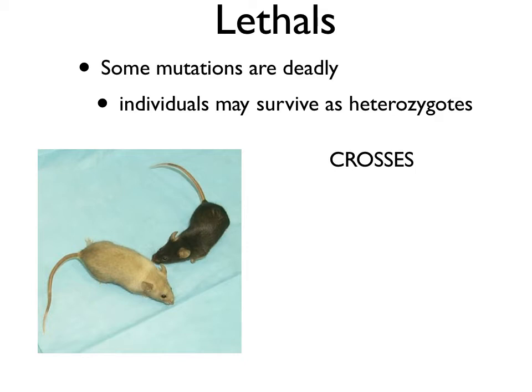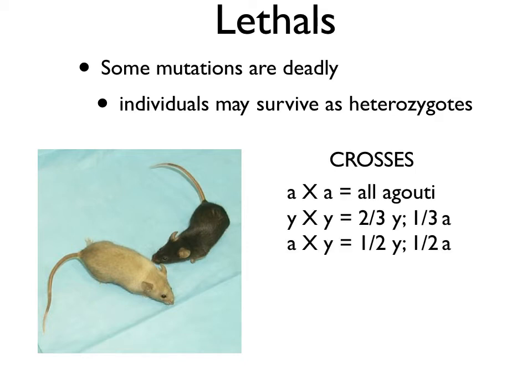We might observe lethals within a population, much as were observed by scientists when they crossed mice that had two different coat colors, agouti, that sort of dark brown color, or yellow coloration of the mouse on the bottom there. When they crossed these mice, they observed that when you cross an agouti with an agouti, you get all agouti.